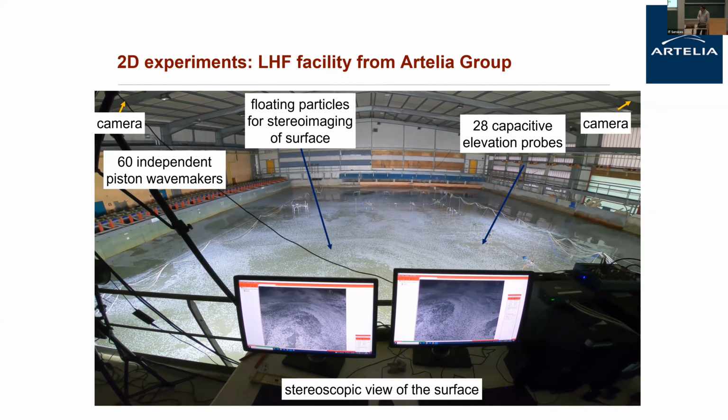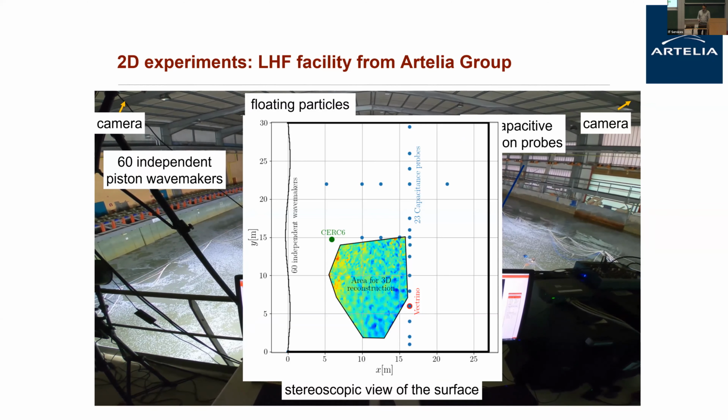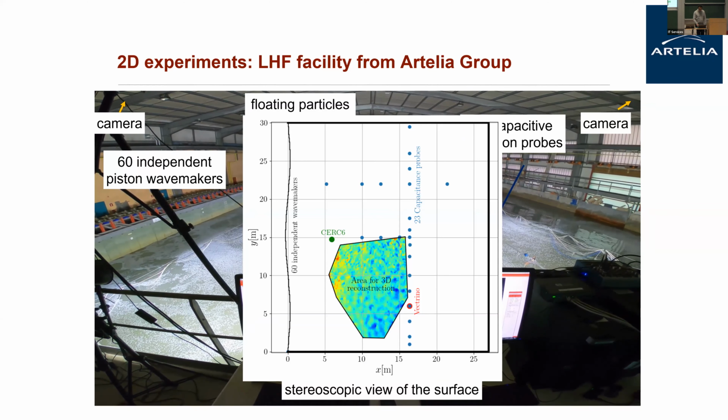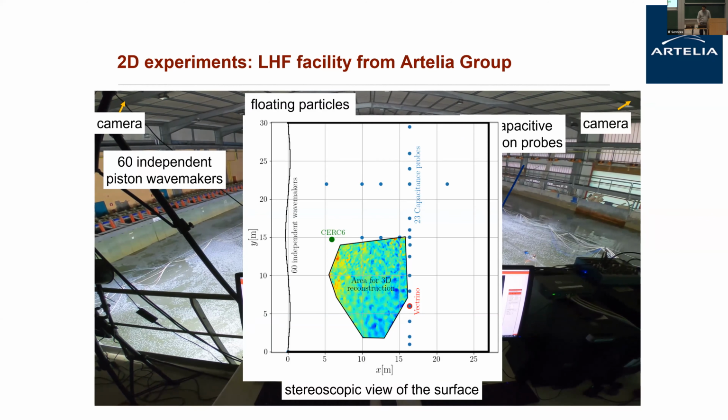Okay, and from this we can measure the wave elevation over an area which is about 10 by 10 meters out of this 30 by 30 square. So it's a decent area of the tank, and we have single probes around here, so as to do a comparison with the 3D reconstruction.